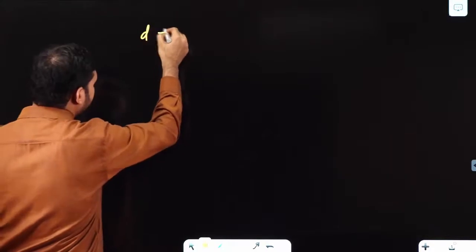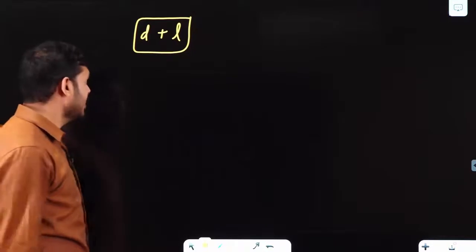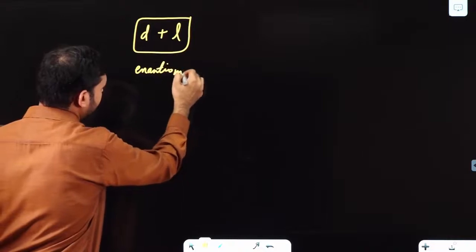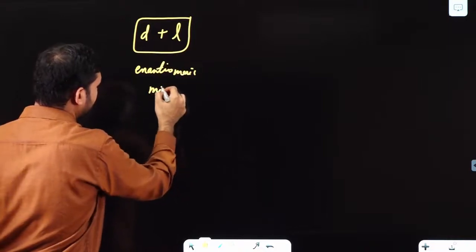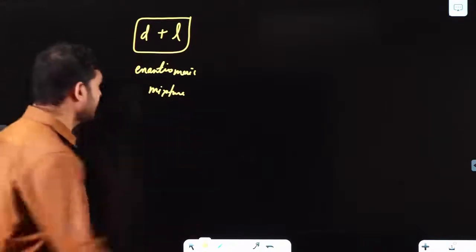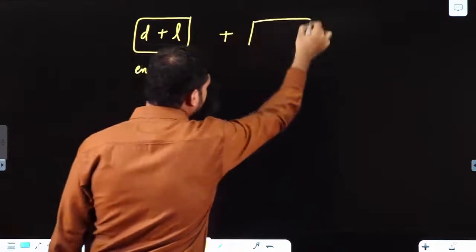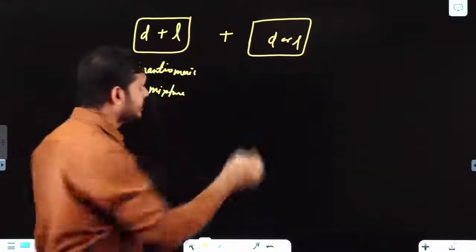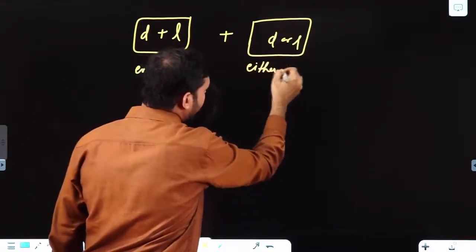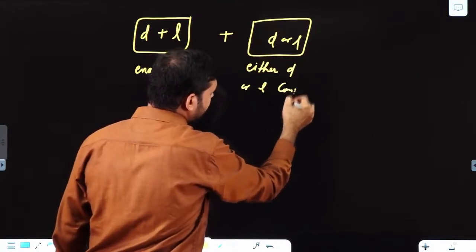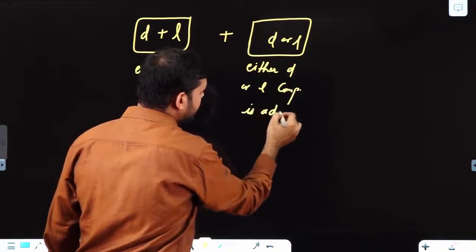Suppose I am having D plus L form. Now what is the method of resolution? Chemical method. In the enantiomeric mixture, same compound, one is D form and one is L form, plus either D or L compound is added.